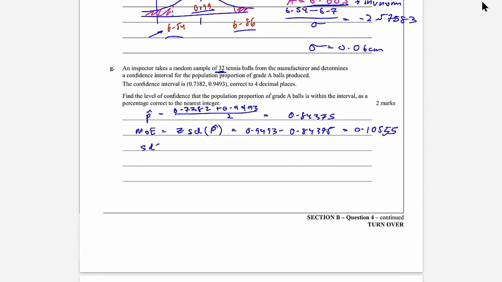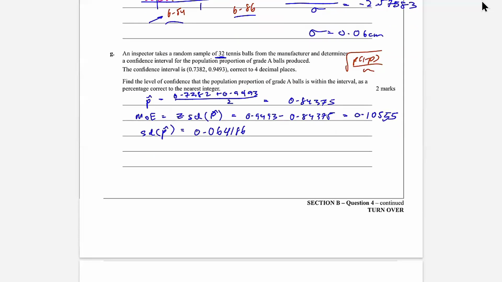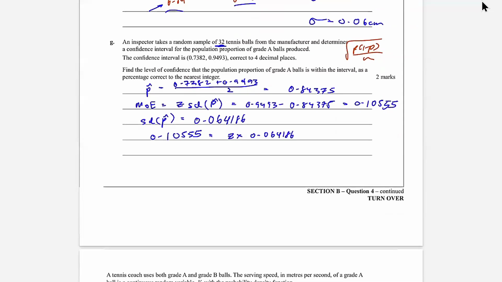And then we can figure out the standard deviation of p hat just using p(1 minus p) divided by n. So when you do that, you're going to get the standard deviation to be this, and so then all you're going to do is just solve.